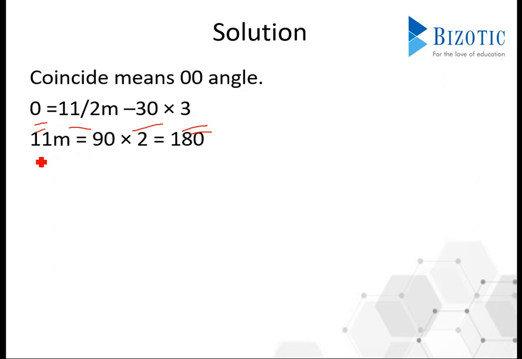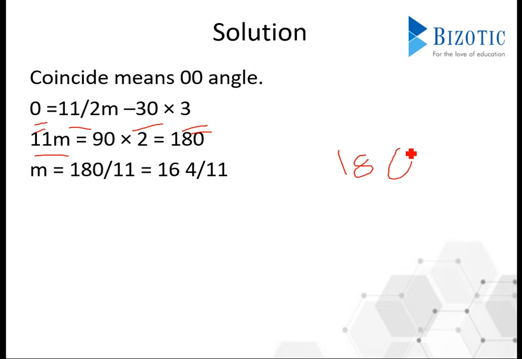So 2 will be eliminated. 11m is equal to 30 into 2 into 3, and then m is equal to 180 by 11. Now you just have to divide this. 11 will go in 18 once, with 7 remaining, so 70: 11 goes 6 times, 66, 4 remaining.